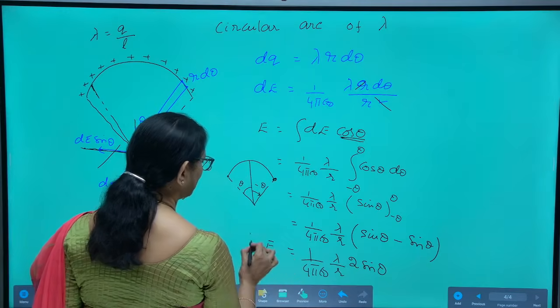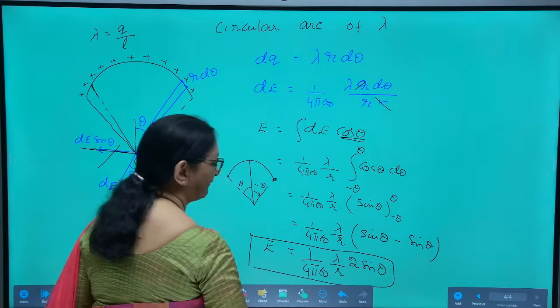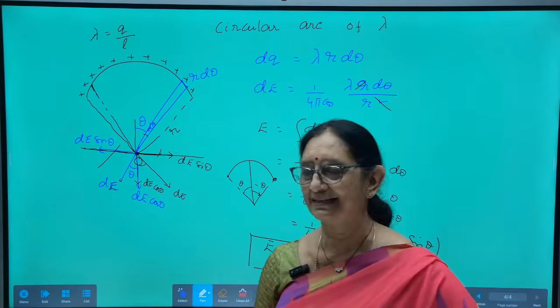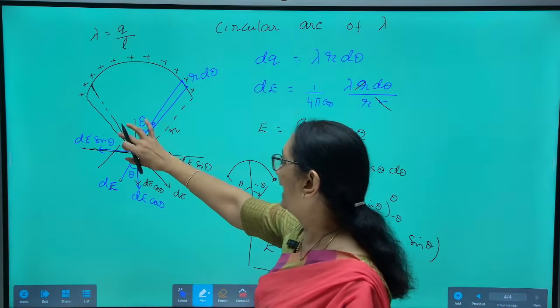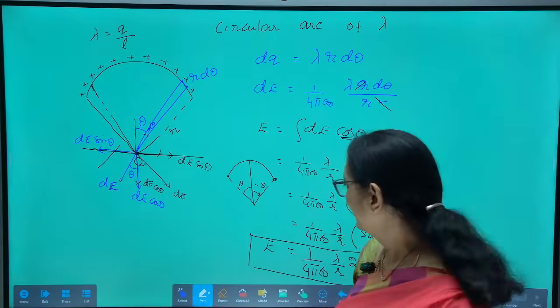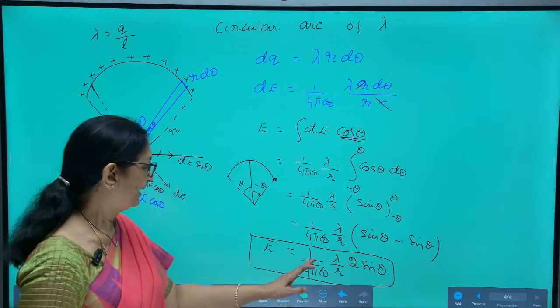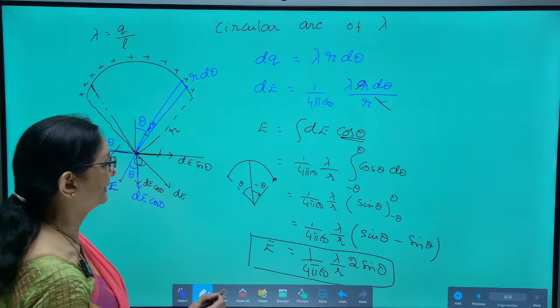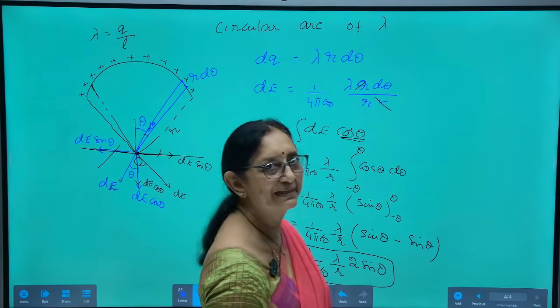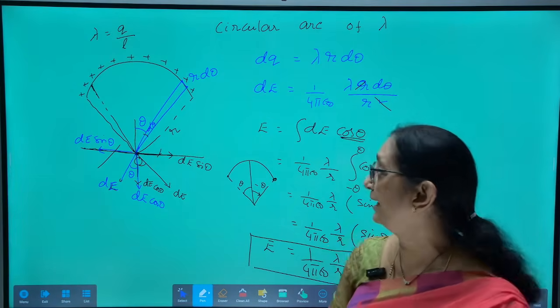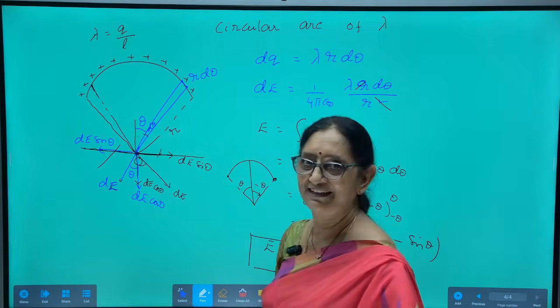That is the expression for electric field intensity at the center of a charged arc making an angle 2 theta at the center. So, it is lambda by 4 pi epsilon naught r into 2 sin theta, or simply we can say lambda by 2 pi epsilon naught r into sin theta, where theta is this angle.